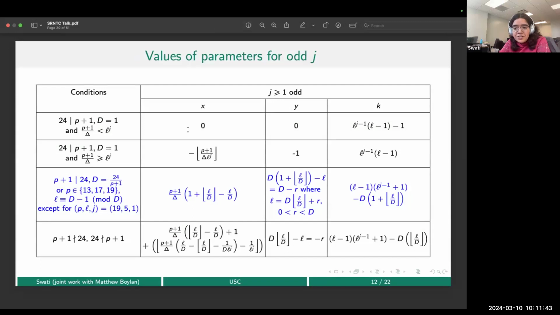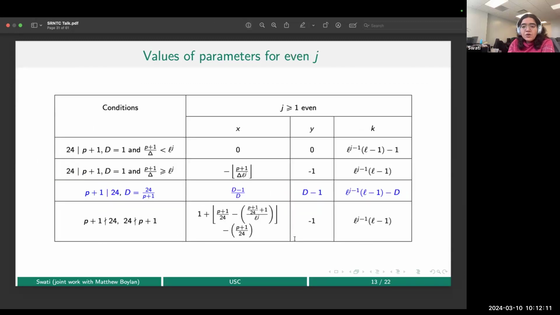Now, as I mentioned, we do have explicit values of all the parameters in our case. Something to focus on in this table is that if p plus 1 divides 24, then the exponent is greater than 0, so we land in holomorphic spaces, whereas in other cases it is negative or 0, which is not that interesting.